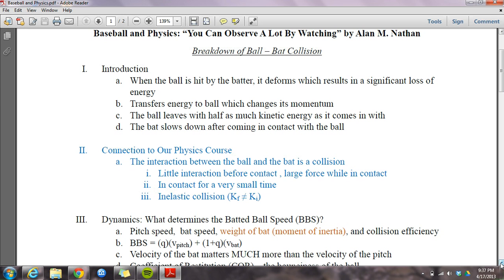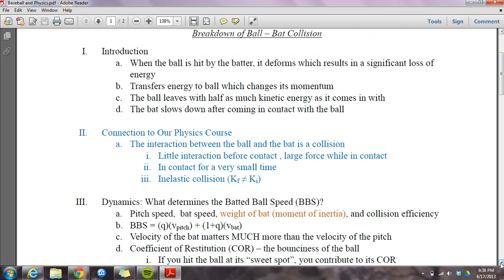The interaction between the ball and the bat is a collision, and as we know, a collision is defined as two objects interacting, with little interaction before contact, but when they do come in contact, there's a large force between the objects, and they're in contact for a very small time. From the introduction, we can see that the ball-bat collision is an inelastic collision because the final kinetic energy of the ball is not equal to the initial kinetic energy of the ball.